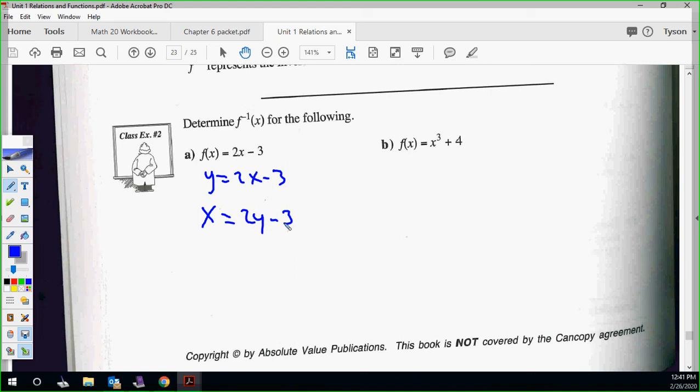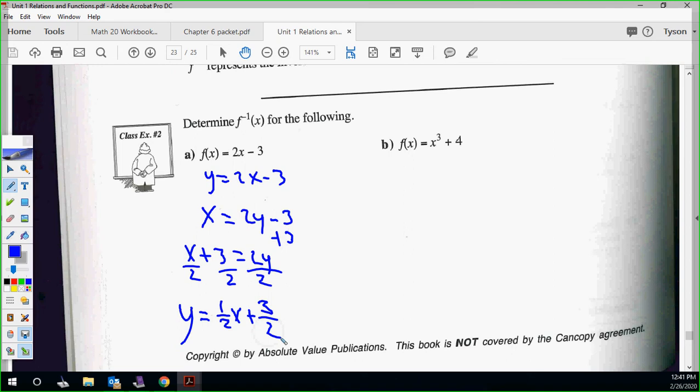So we're going to add 3, divide by 2. y equals 1/2 x plus 3 over 2. That's your inverse.